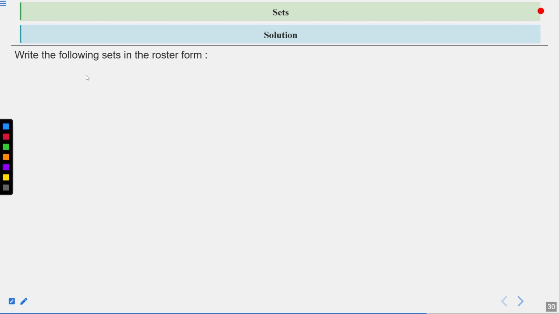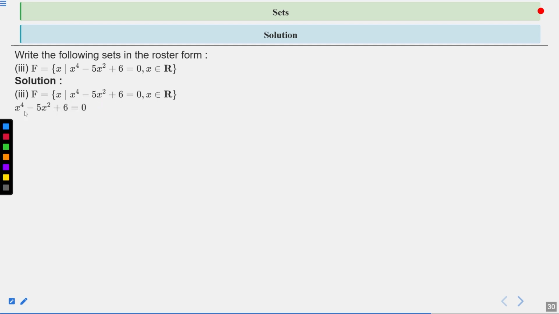Third part: set builder form F, the collection of x such that x raised to the power 4 minus 5x square plus 6 is equal to 0, where x belongs to the set of reals. Solution. Just find the roster form of the given set builder form, starting with this equation. This is your biquadratic. You will see why we say it is a biquadratic equation.